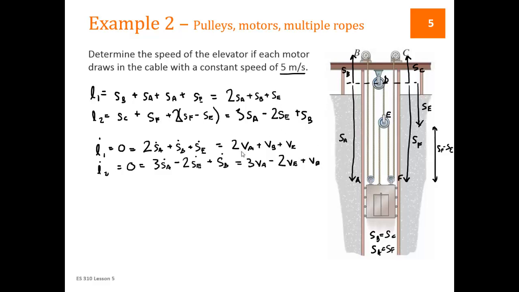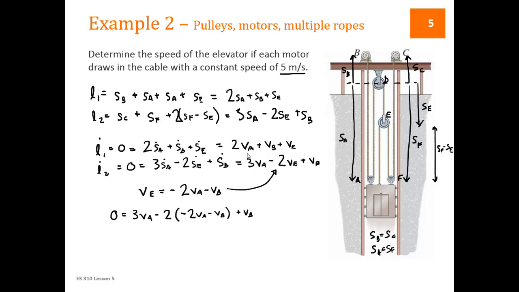So this first one can be rewritten for VE as VE equal to negative 2VA minus VB. And that can be plugged in here, and we get 0 is equal to 3VA minus 2 times negative 2VA minus VB plus VB.